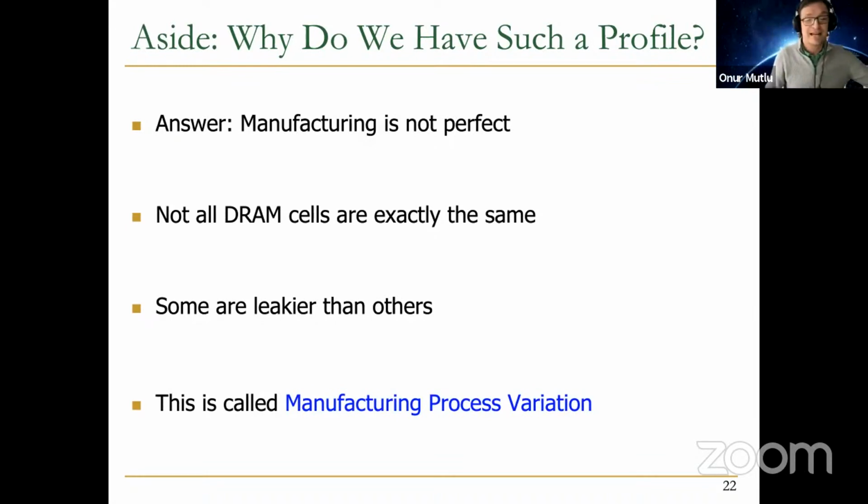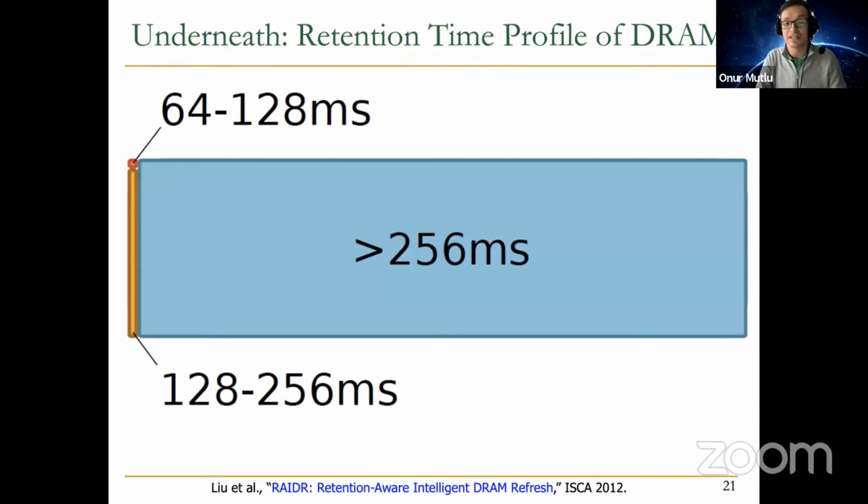This chair that I have over here that you don't see is not exactly the same as this other chair next to it, even though they clearly were manufactured at the same time. Basically, there's some variation between the chairs. And variation is true for other things as well, like electronic components, as we see. And this is the reason why we have the profile that I showed you earlier.